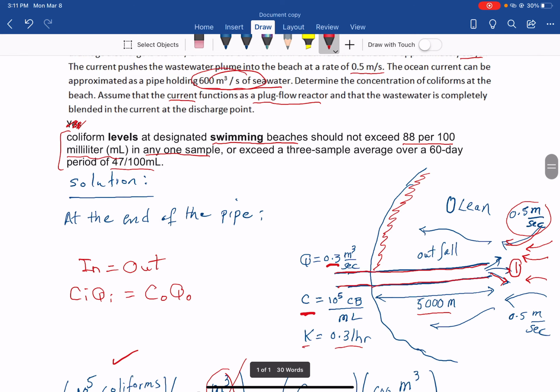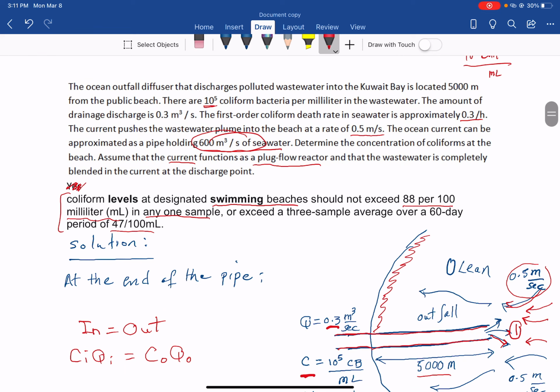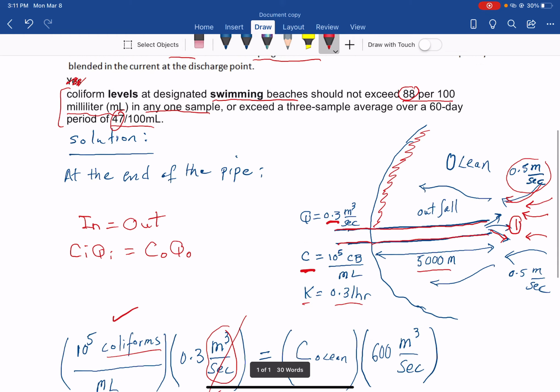We can see that 50 is lower than 88, which is about 5 kilometers from the beaches, which should be acceptable for swimming, but you should watch out for the 47. Now we're going to see the beach. We have to see, is it a 3 sample average over 60 days, or is it 1 sample and it's 88? So we'll look now.